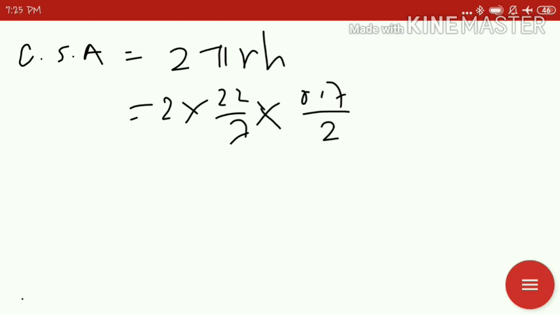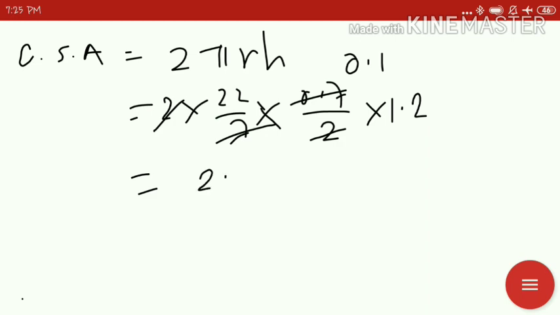We can, but I have not done it because it will help me calculate the value, since you can see that 7 and 0.7 will cancel out easily. So if you calculate, 7 cancels out with 0.7 to give 0.1, 2 will be cancelled out, so 22 into 0.1 into 1.2, if you multiply you will get 2.64 meter square.